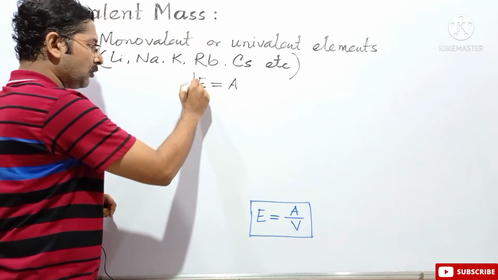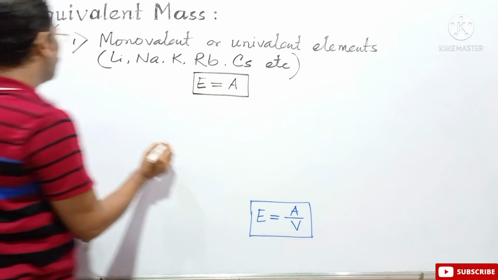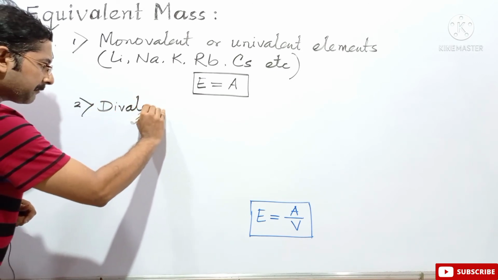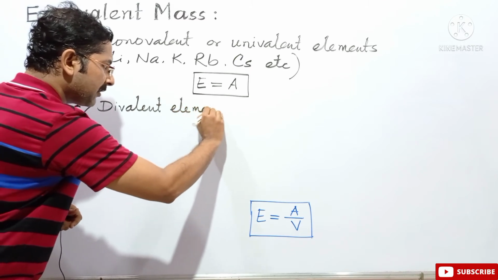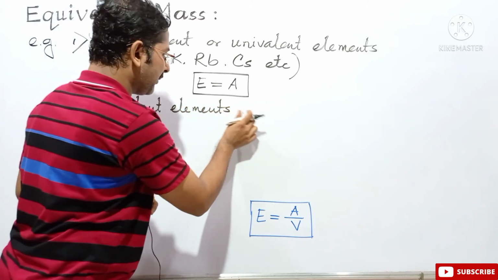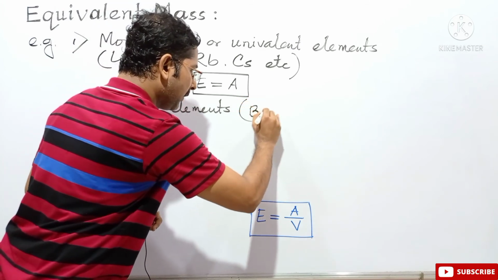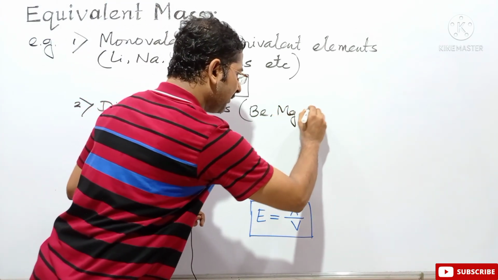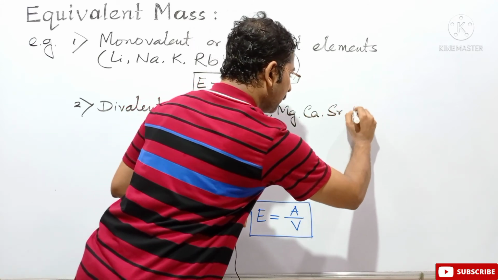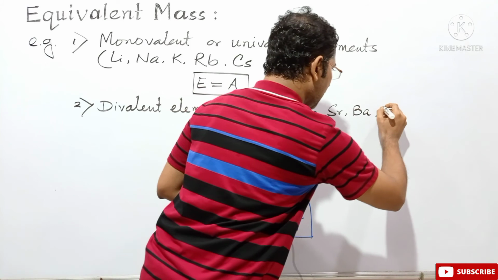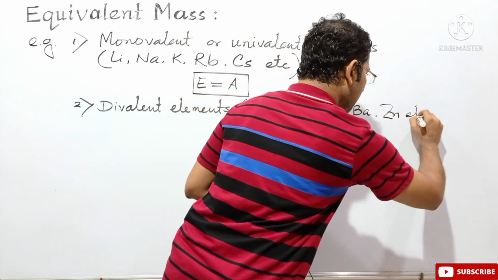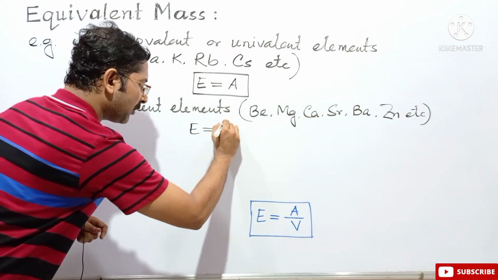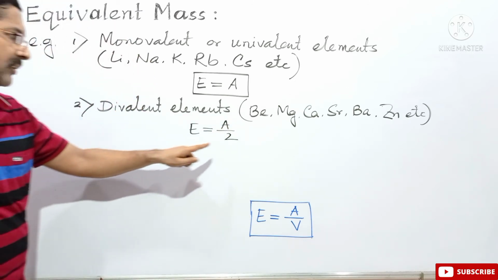Now for divalent elements like beryllium, magnesium, calcium, strontium, barium, zinc, etc., equivalent mass is equal to atomic mass by 2, since the valency is 2.